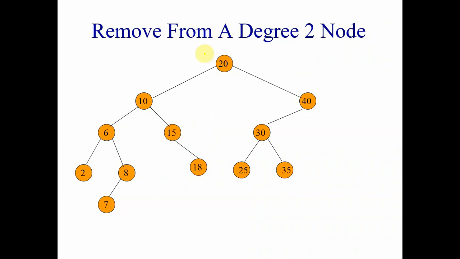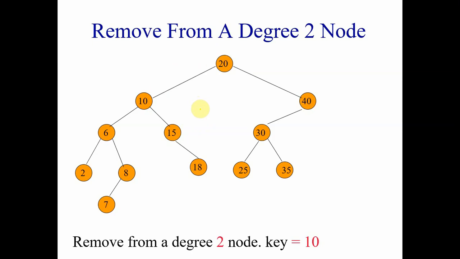So the last case is for the degree 2. It takes more steps to complete. So let's say an example. You would like to remove the node with key 10.